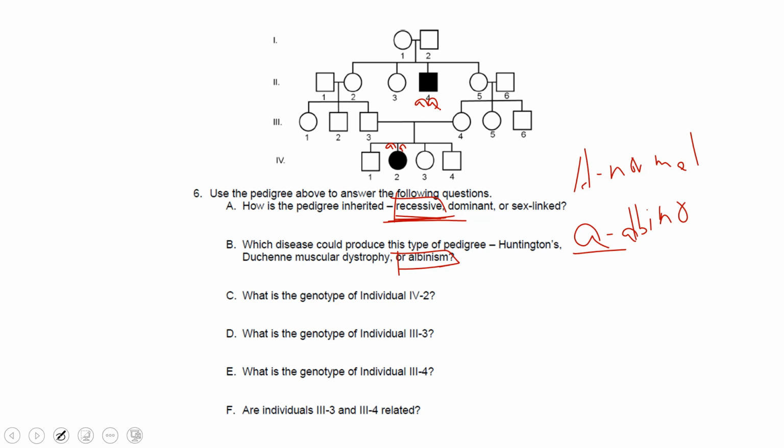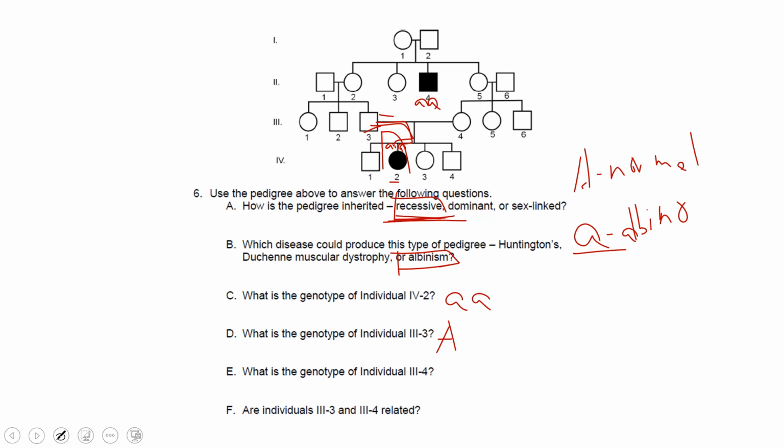What is the genotype of individual 4-2? Here, look at that. That's one that I just answered, because that's this person, so they're little a, little a. What's the genotype of individual 3-3? Okay, that's this person who happens to be the father of this person. They are normal because they're not shaded in, so we know they get a capital A. They produced this kid that has two little a's.